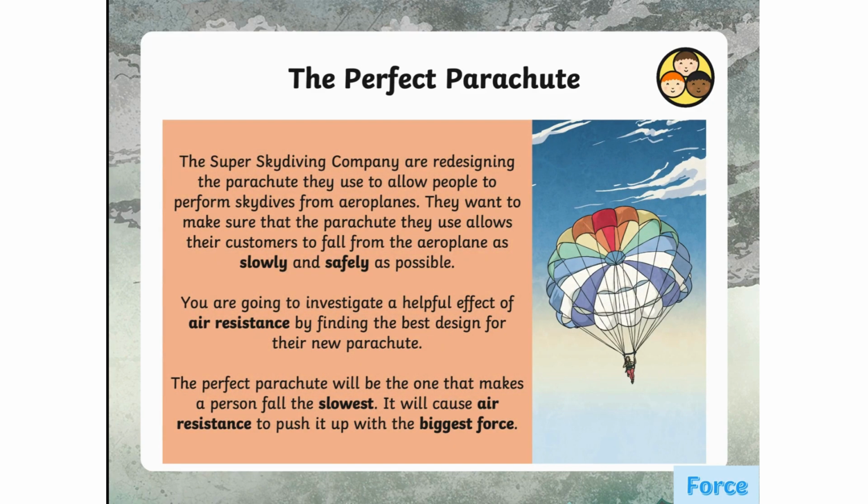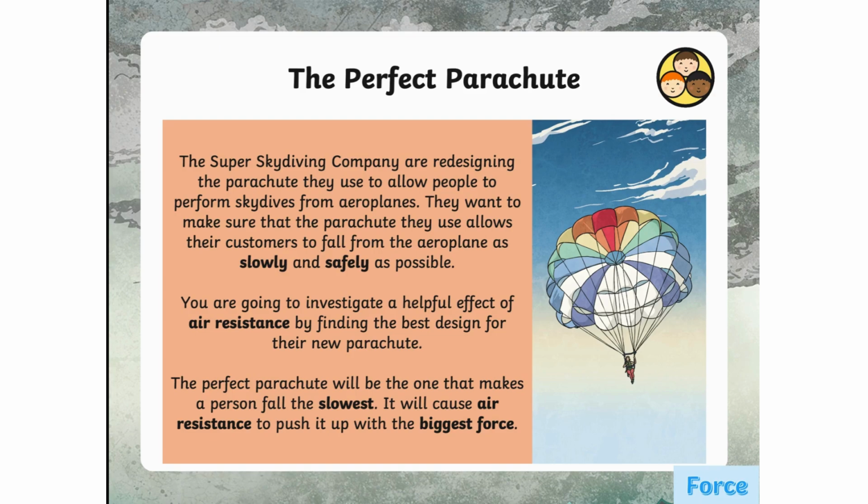The perfect parachute. The Super Skydiving Company are redesigning the parachute they use to allow people to perform skydives from aeroplanes. They want to make sure that the parachute they use allows their customers to fall from the aeroplane as slowly and safely as possible.